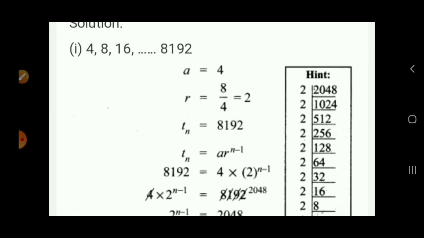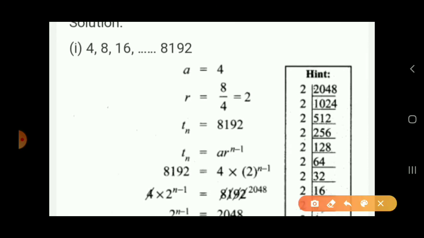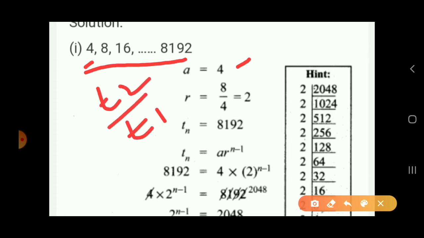The series is 4, 8, 16, and so on up to 8192. The first term A is 4. R is T2 by T1, that is 8 by 4, so we get R equals 2.